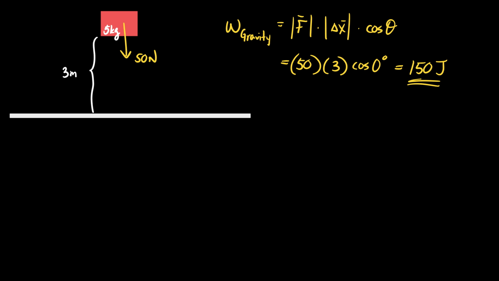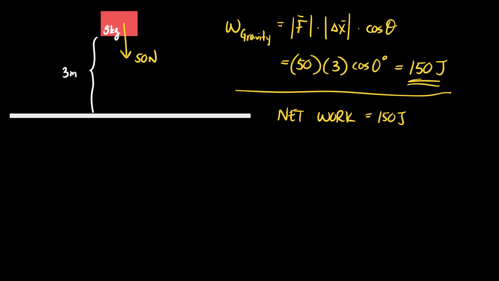Are there any other forces that act on the box? If not, that means that the net work done on the box is 150 joules. Now, more importantly, that will equal the change in kinetic energy of the box.